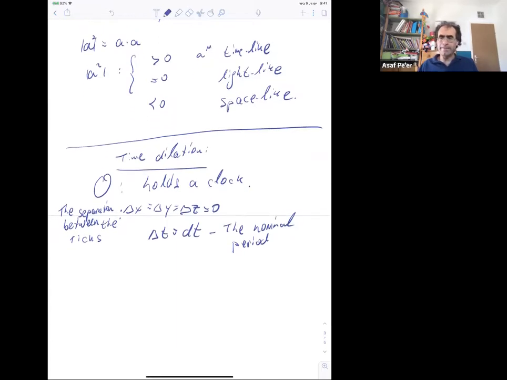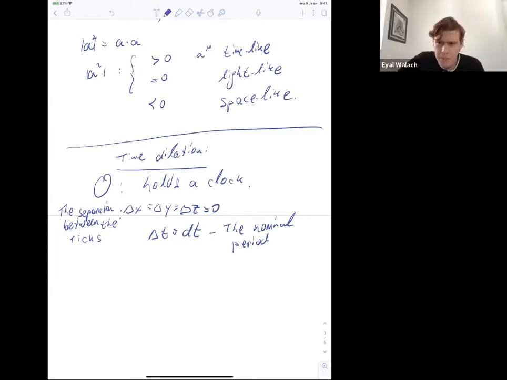So this nominal period, it has a name. Do you know what's the name? If you took first year's special relativity, I'm sure you've heard the name. What's the name of this nominal period?